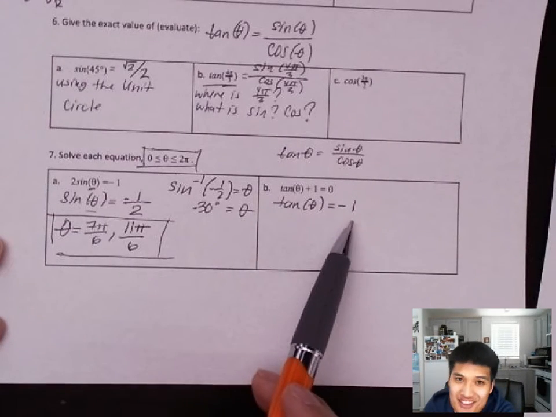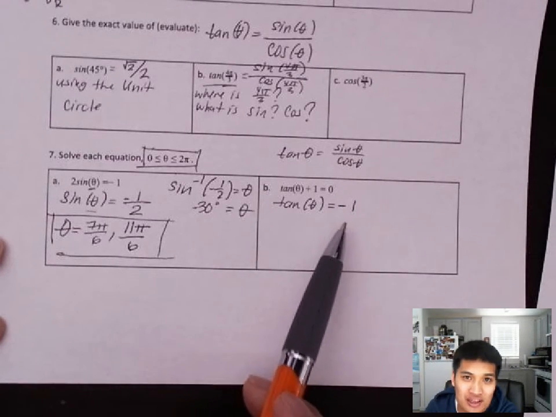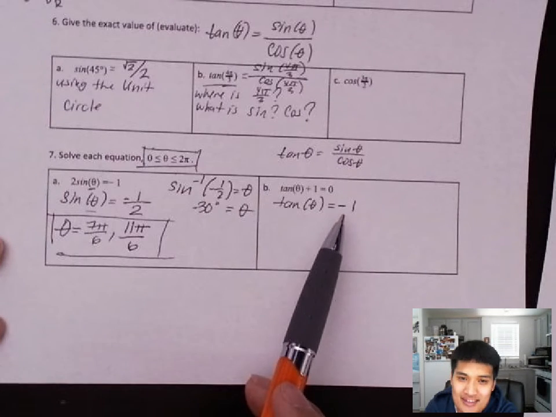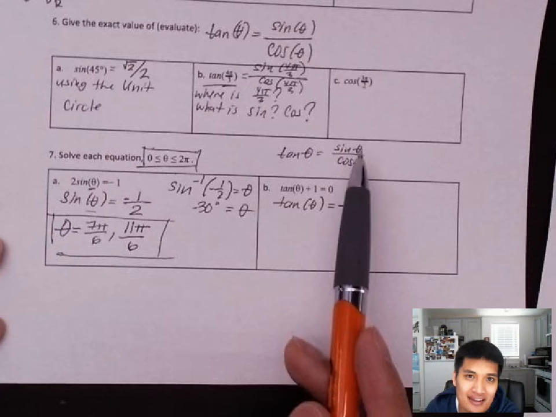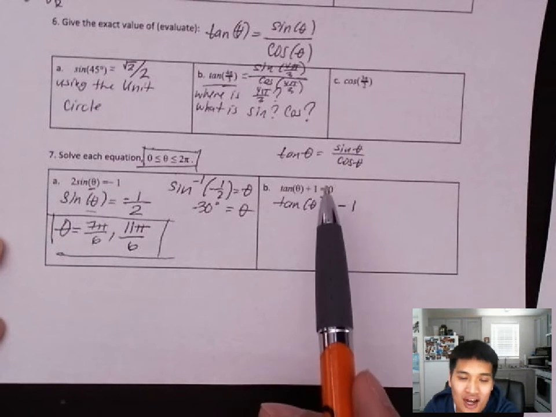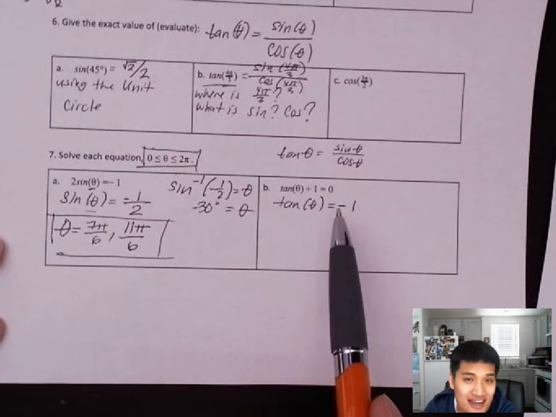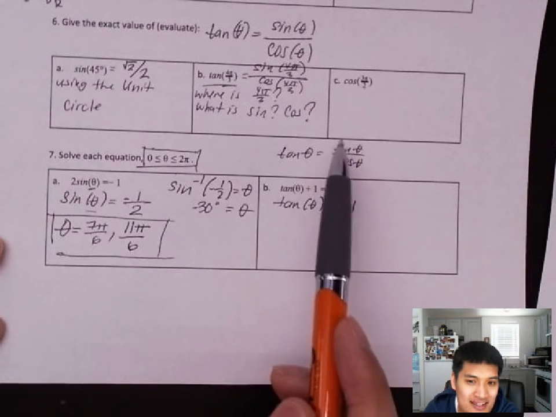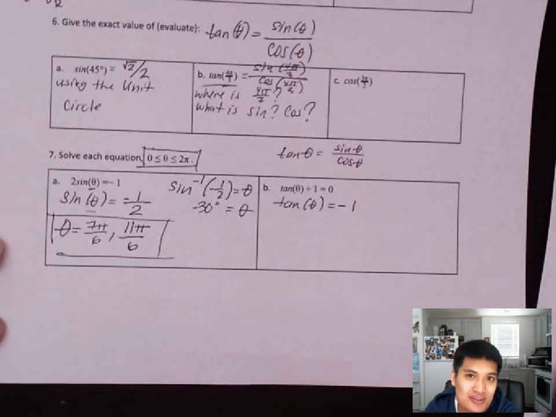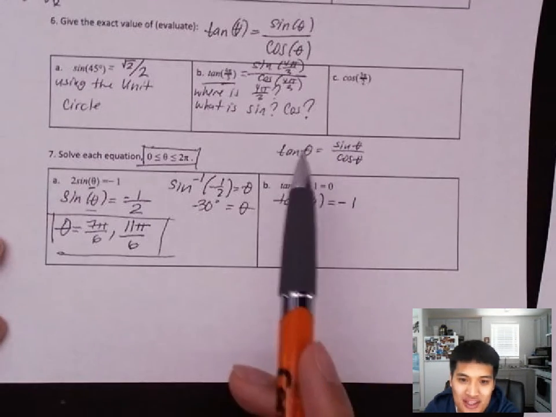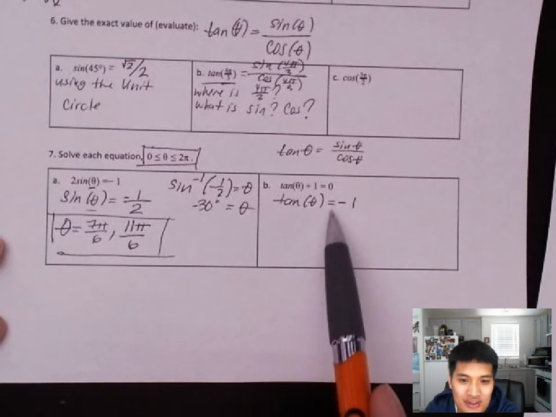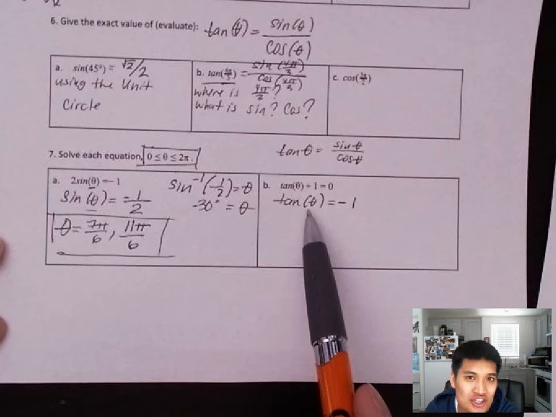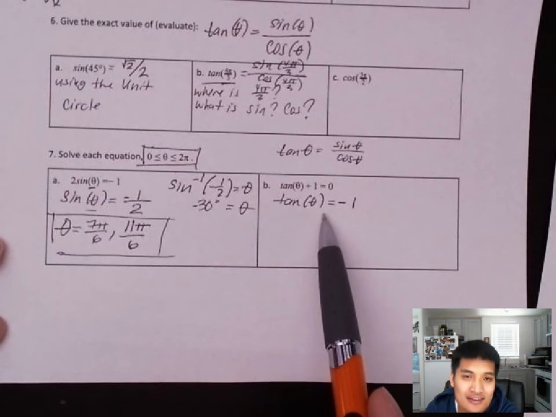Because it's 1, the thing you should be looking for is where sine and cosine are going to be the same exact number. But also, because it's negative, one of sine or cosine has to be negative. So in this particular problem, you will need to reference the unit circle to give you the exact angle measure that gives tangent theta equals -1. Okay.